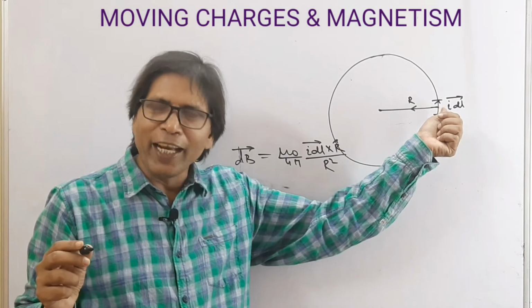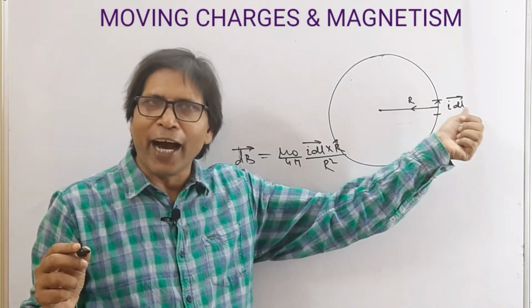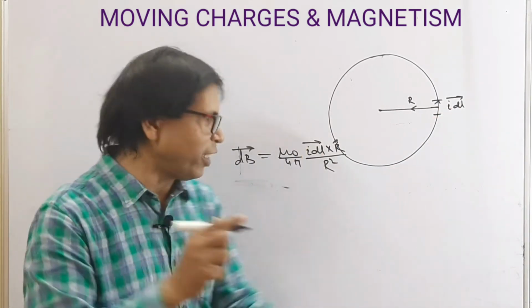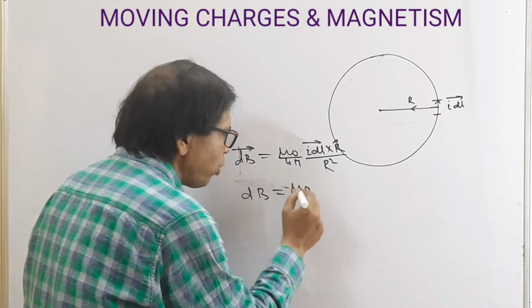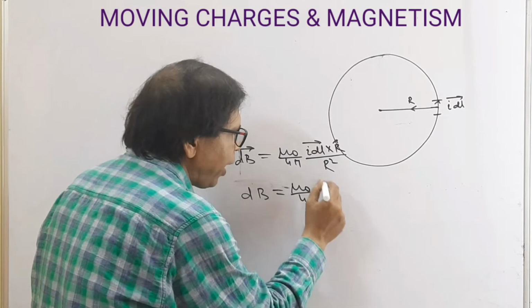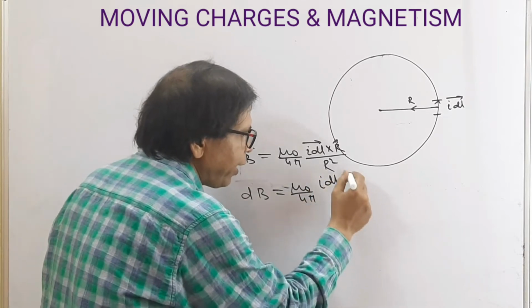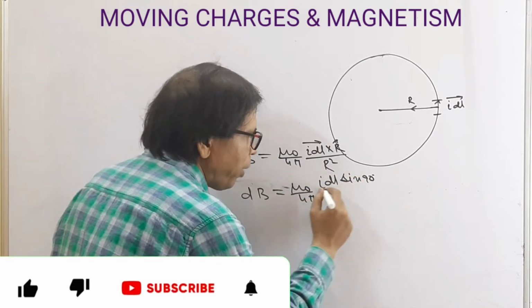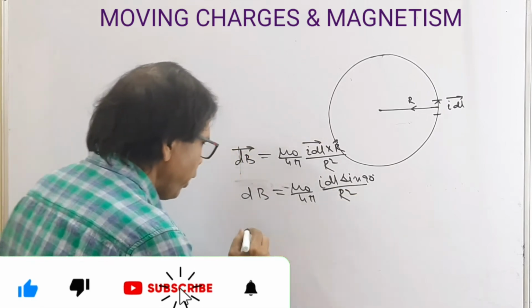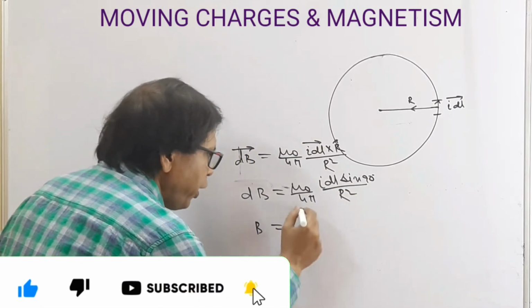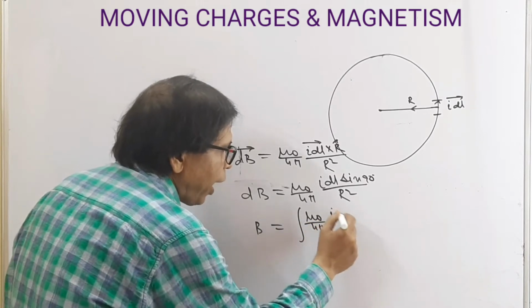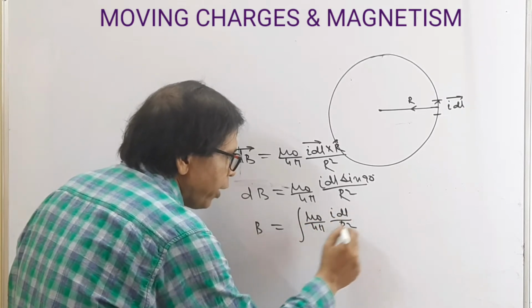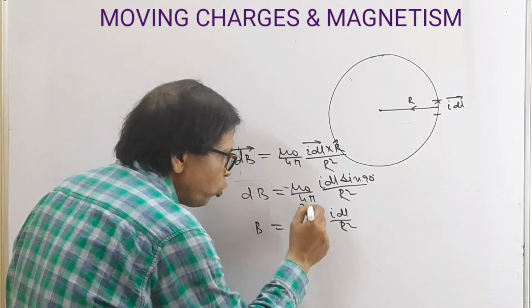Now the angle between r vector and Idl vector is 90 degrees. So look at this, dB equals mu naught by 4 pi, Idl sin 90 degrees divided by r square. Okay, now B equals the integration of mu naught by 4 pi, Idl by r square, limit 0 to 2 pi r.